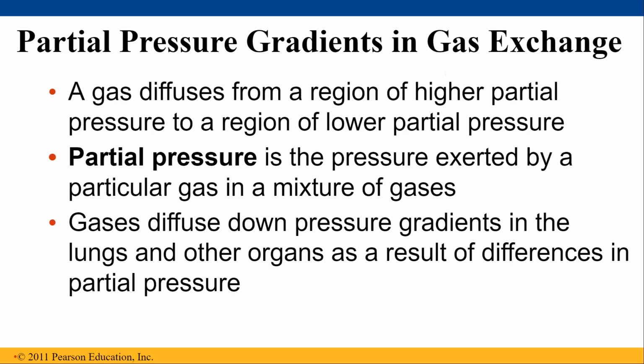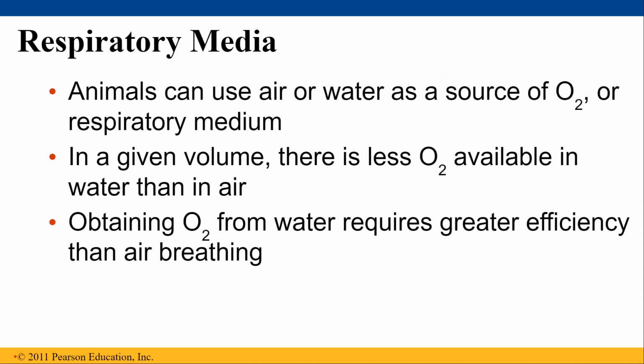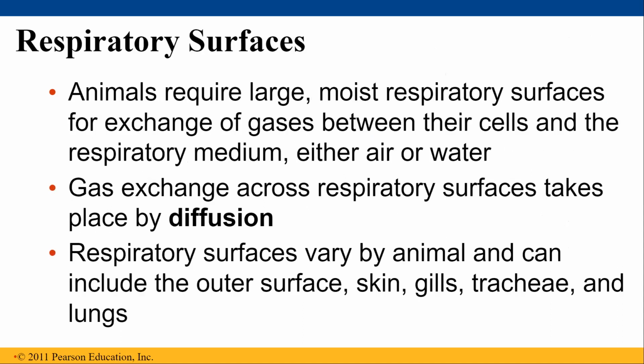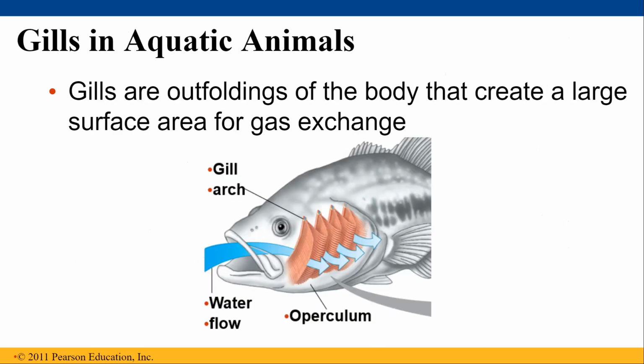And then there are respiratory surfaces that help with that gas exchange. When we're looking at our respiratory system in conjunction with our circulatory system, again, we're looking at diffusion across the surfaces of the respiratory system. If we look at aquatic animals, they require oxygen, obviously, and they get that through their gills.